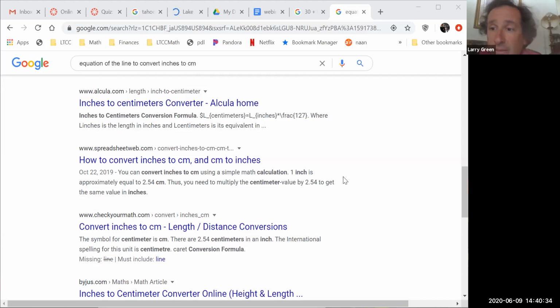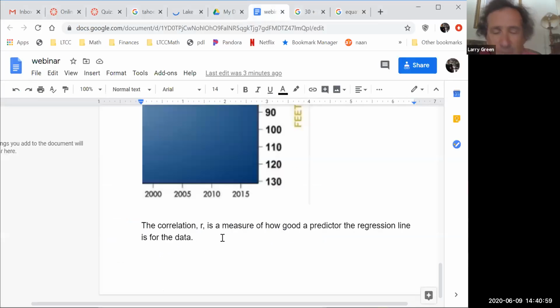So it's an equation. You don't need to collect data. Do you see that? You know how to get inches to centimeters, but we don't know how to get years to lake clarity, because it doesn't work that way. Okay, we don't know what next year's lake clarity is going to be. Who knows? You could make a prediction, but you don't know. So if there is a true equation that gets there, R will be 1 or -1, depending on whether you have a positive or negative slope line, if it's a linear equation.